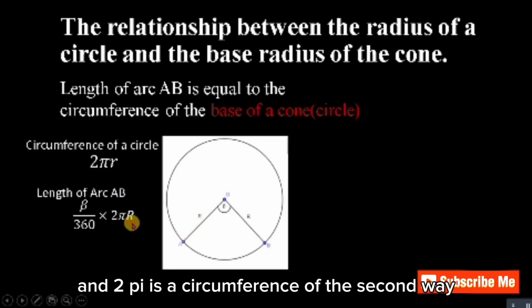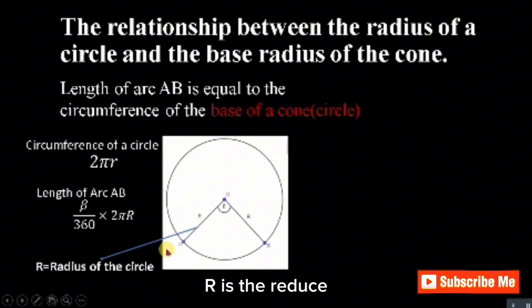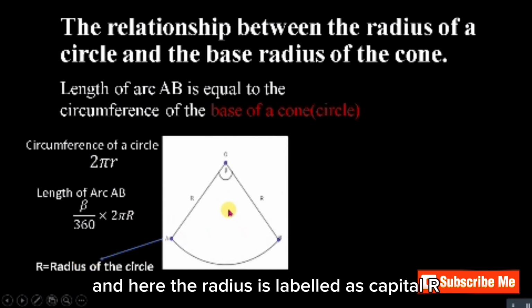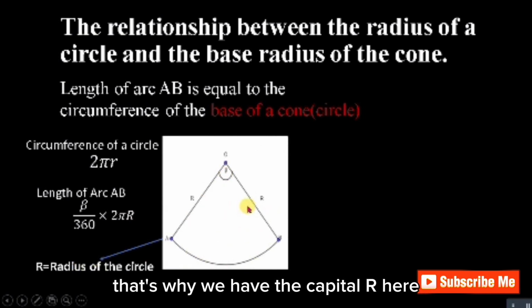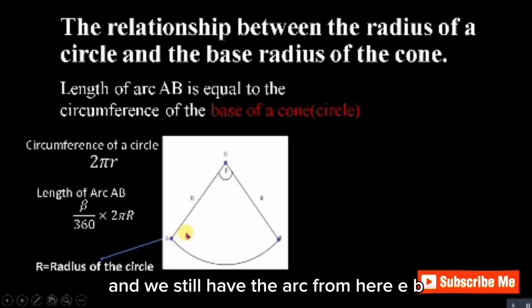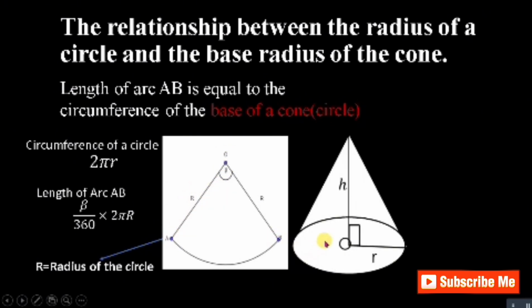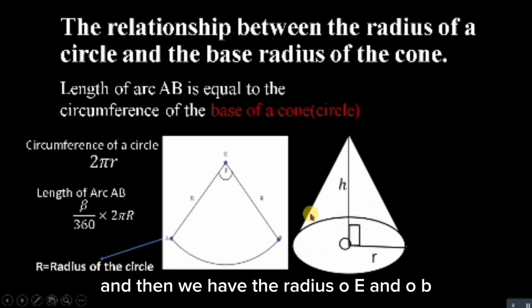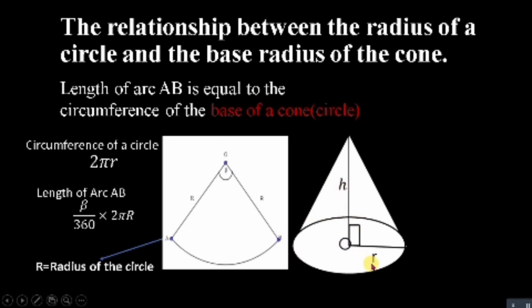All right. Now we can cut out that piece, and we still have the arc forming here, AB, and then we have the radii OA and OB. We can fold this to form a cone, and once it has formed a cone, we have a new height and a new radius.